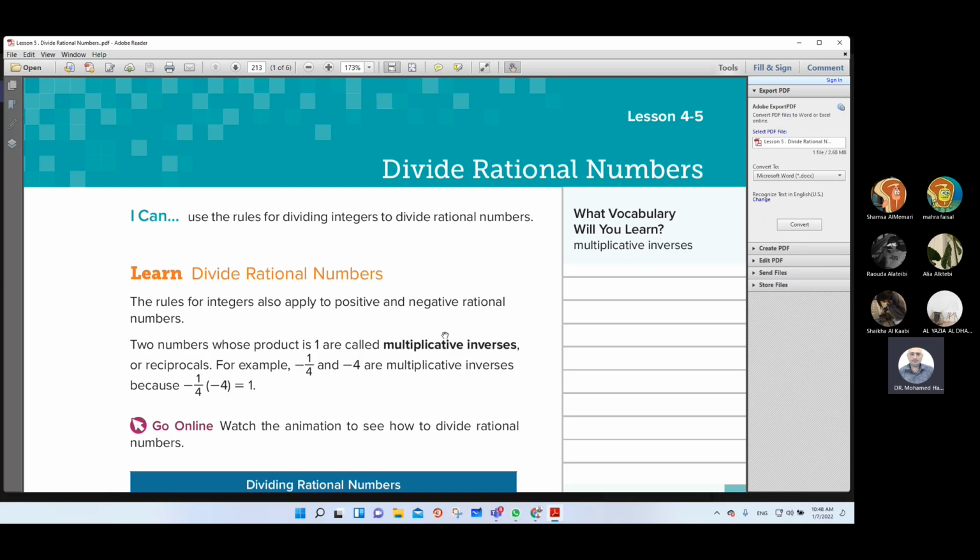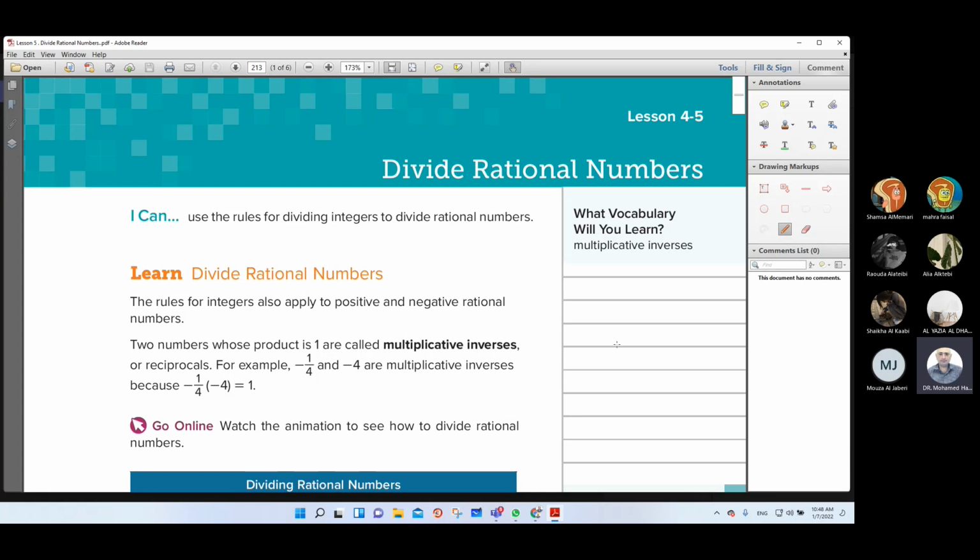To divide rational numbers, as you remember, when you have positive divided by positive, you will get positive.